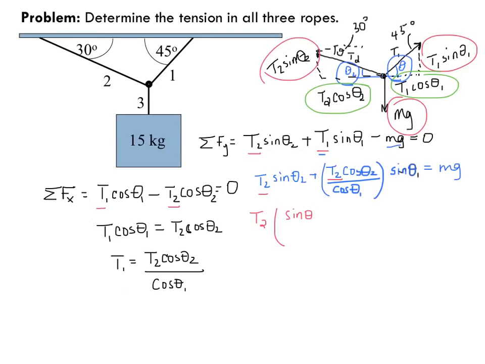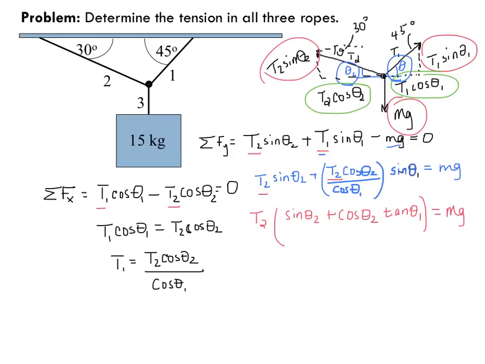And I'm left with sine theta 2 plus cosine of theta 2 times tangent theta 1. You could have left this as sine theta 1 divided by cosine theta 1, but it's a little cleaner if we just change it to tangent now.